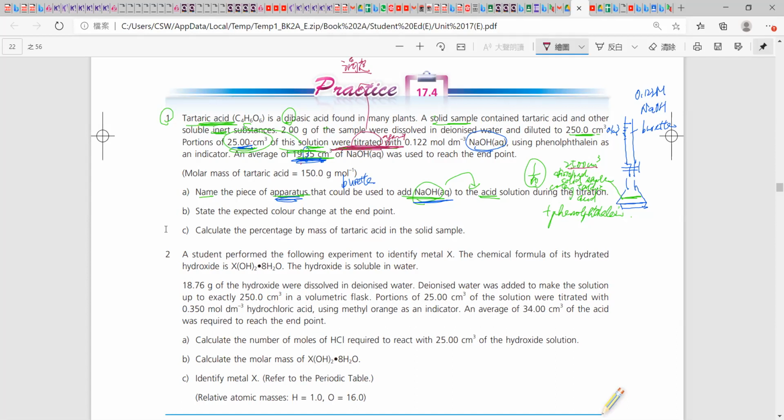So the solution on top is added drop by drop into the other one. In other words, the acid was titrated against the alkali. Can you see the active voice and passive voice?